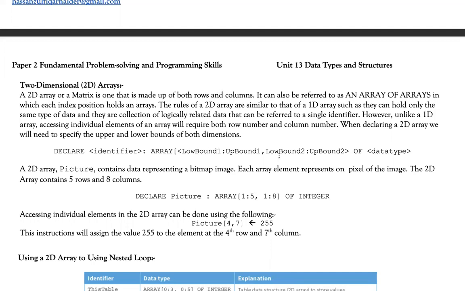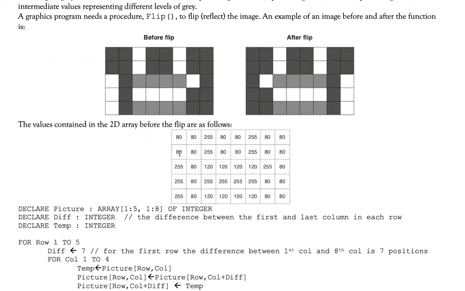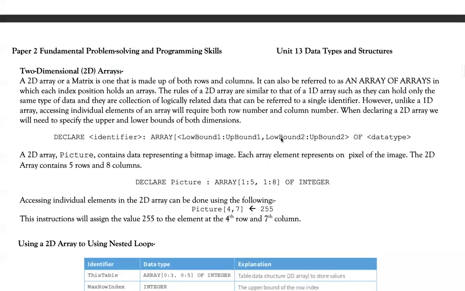And the second limit defines the columns, 1 to 8 columns. So this array has 1 to 5 rows and 1 to 8 columns. And the type of array is integer. So it's like this one. I've got 1 to 5 rows, 1, 2, 3, 4, 5, and 8 columns, 1, 2, 3, 4, 5, 6, 7, 8, like so. So this is a two-dimensional array.